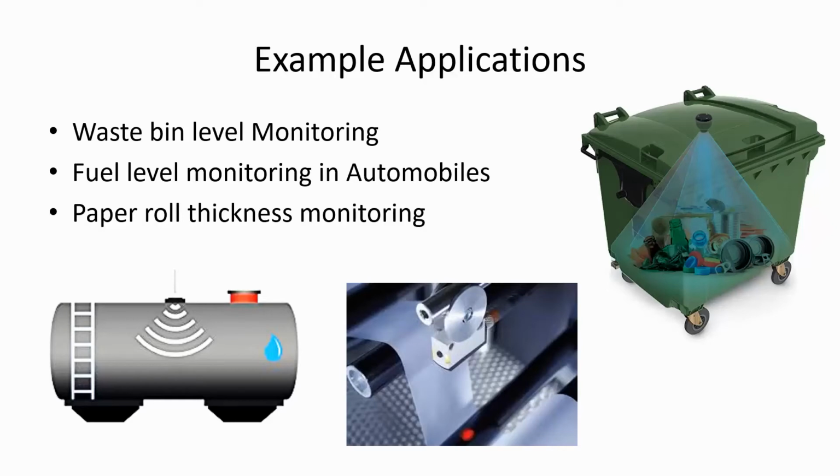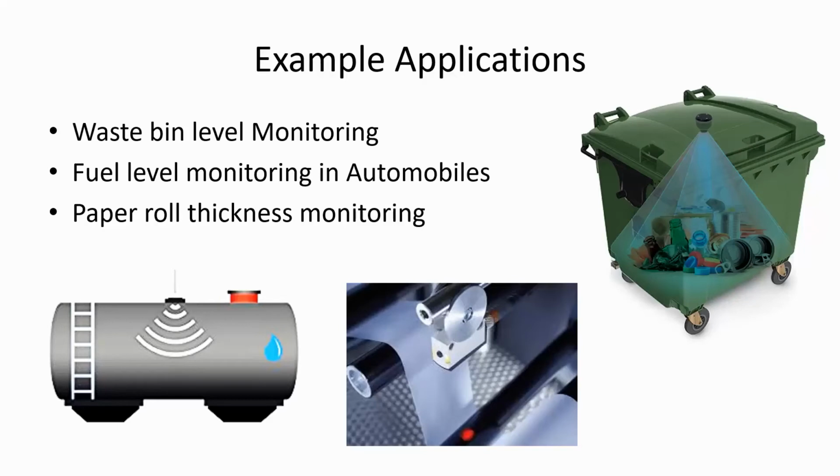Now, using these ultrasonic sensors, without making any modification in the fuel tank, just by sticking the ultrasonic sensor to the bottom of the fuel tank, you can monitor the fuel level in the tank, also fuel consumption. So these things in vehicle tracking applications, these sensors can be used.